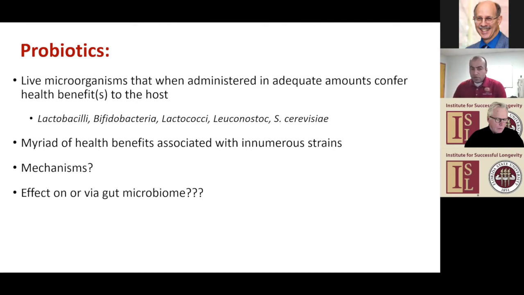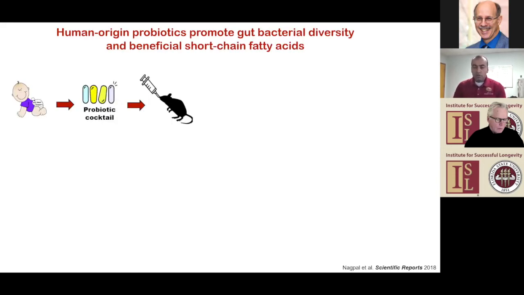And there are a lot of health benefits associated with a lot of bacterial probiotic strains available on the shelf. However, mechanisms of most of these probiotic strains are still not proven yet. And whether and how these probiotics interact with the microbiome is not very clearly understood. So to address this gap, we did a small study wherein we isolated some probiotic strains from the gut of healthy babies.